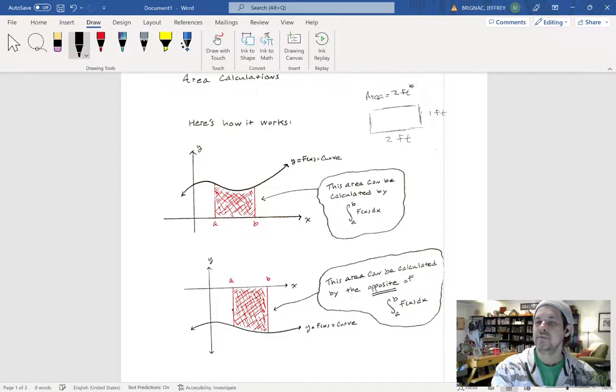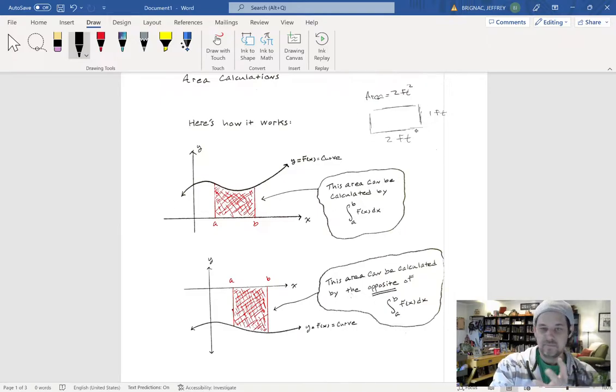Okay. And we say square feet because what we're saying is that if you had a 1 by 1 square, 1 foot by 1 foot square, you could fit exactly two of them in here. So that's how big it is. So that's why area units will always be square this or square that: square feet, square centimeters, square inches. You get the idea. Okay, so in this video, when I say that a definite integral will calculate the area of something, this is what I mean.